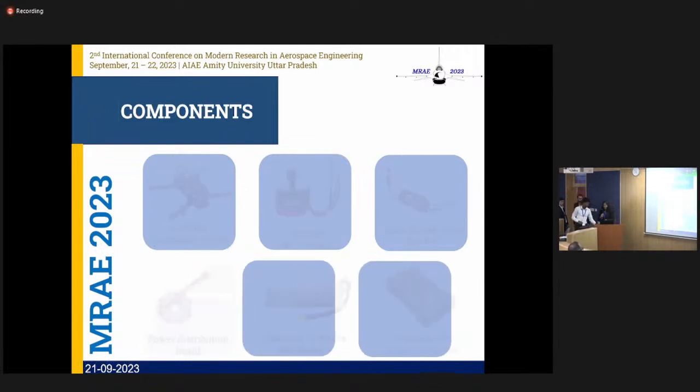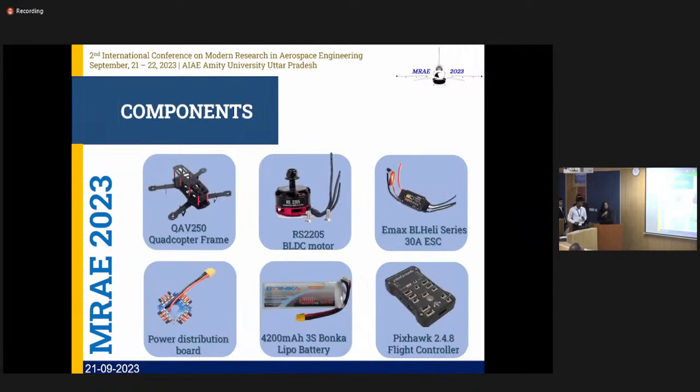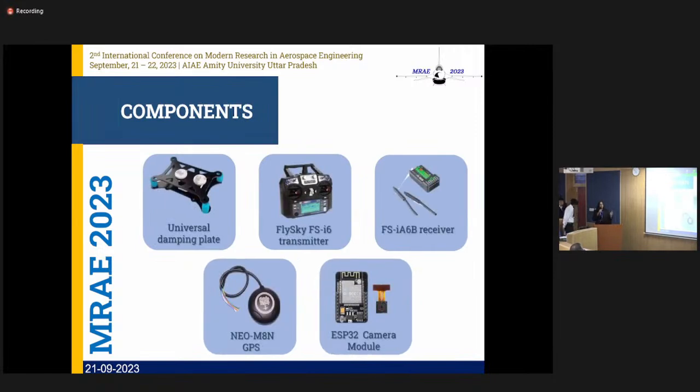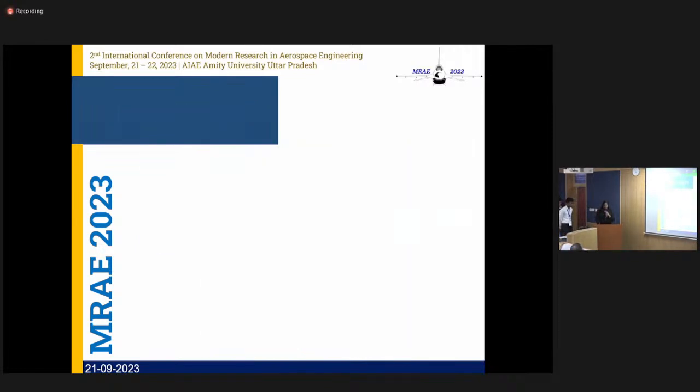So these are the basic components which are used to design a UAV. This does not include the components for the payload dropping mechanism.